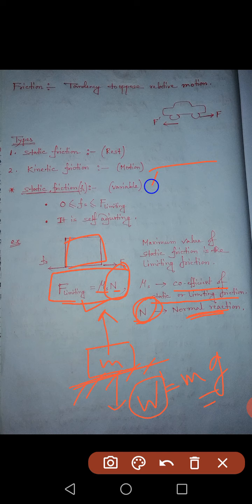If the object is kept on this horizontal plane, then its weight, which is in the downward direction, W, which is mg, will be equal to the normal reaction N. There may be cases where W may not be equal to N, but that we will discuss later on. Now you just remember that for this type of case, when the object is horizontally kept on a surface, then W equals N.